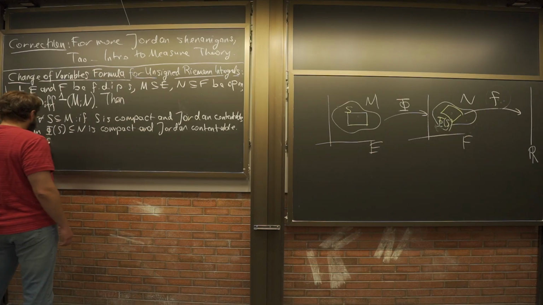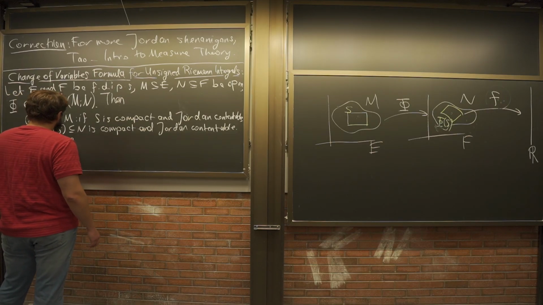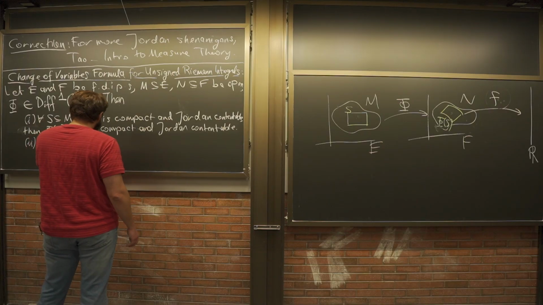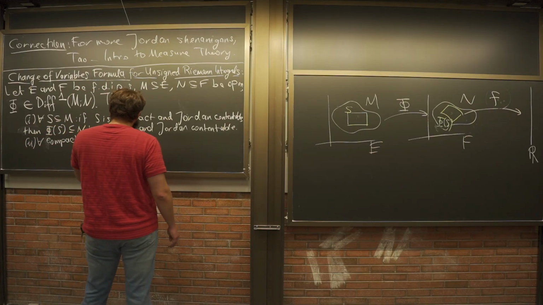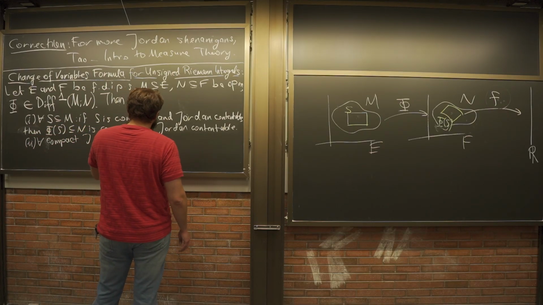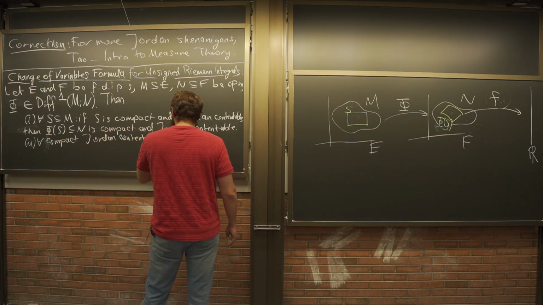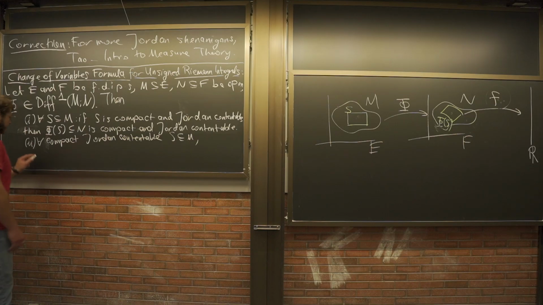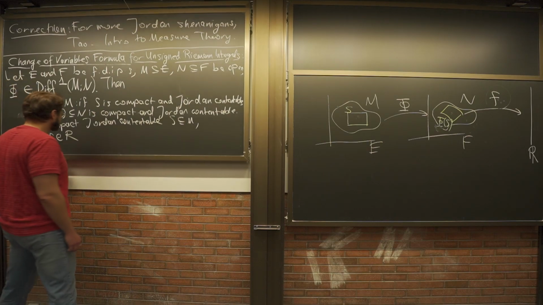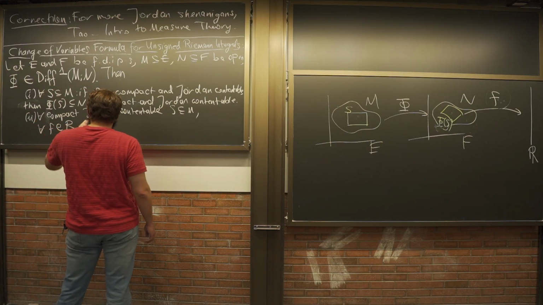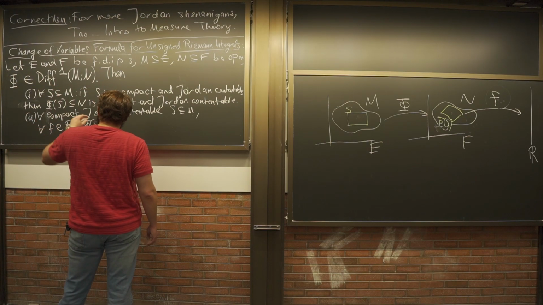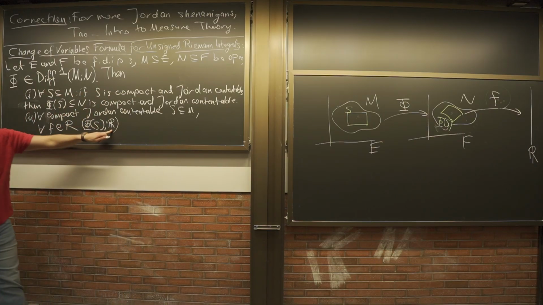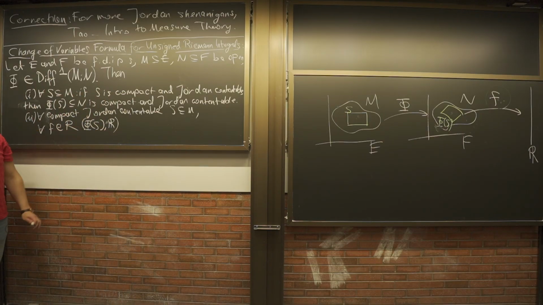For any compact and Jordan contentable subset S in M, and for any Riemann integrable function defined on phi of S. If we wanted, we could just instead of R take any finite dimensional normed space.